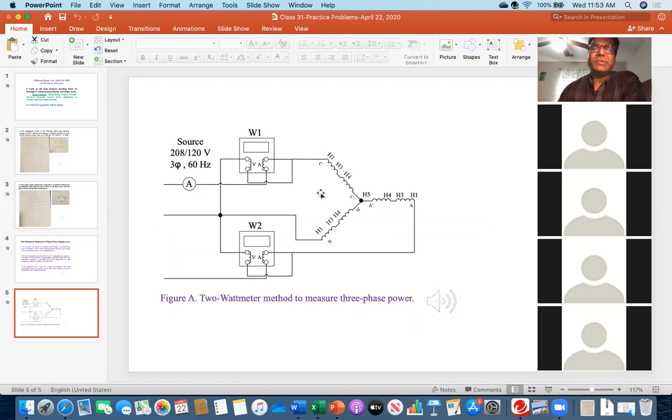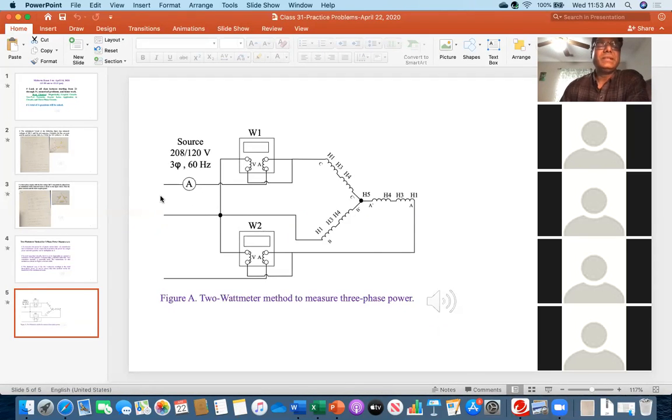Now, your goal is to calculate the total three-phase power for this Y connected circuit. Everybody see W1 and W2. These two basically represent 2 wattmeters. So I am using 1 wattmeter here and another wattmeter here, but that is measuring the total three-phase power.